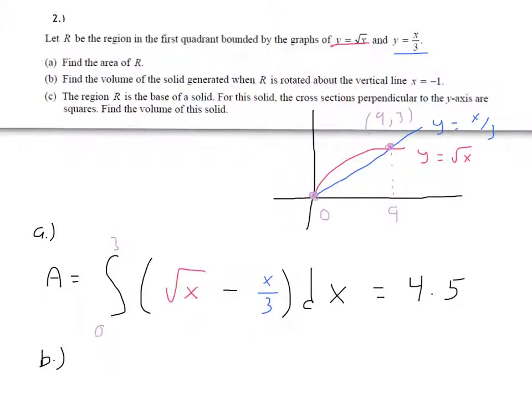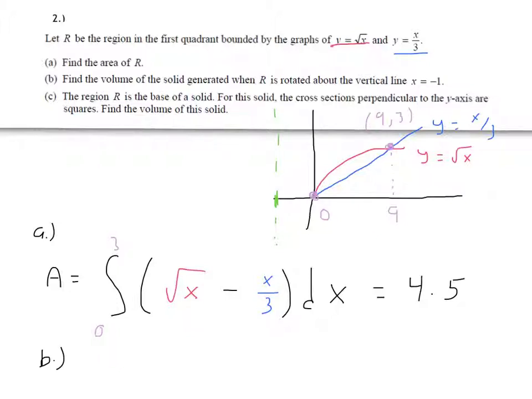For B, we're going to have to find the volume of this solid rotated about the vertical line x is equal to -1. So if this is an x value of -1, here's my line of revolution, and let's think about where these points are going to go.